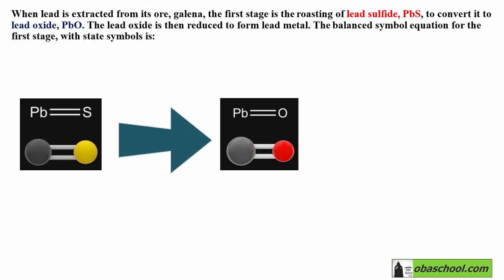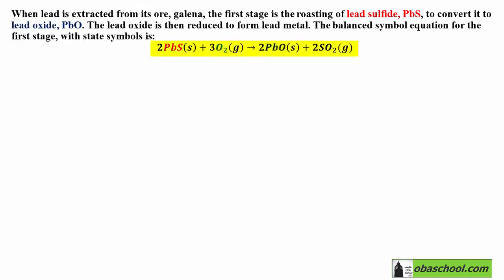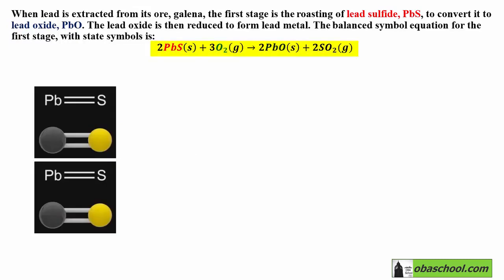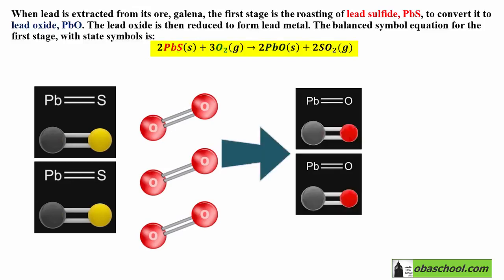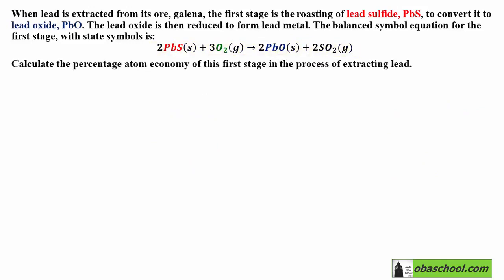The balanced symbol equation for the first stage with the state symbols is 2PbS, solid, plus 3O2, gas, will produce 2PbO, solid, plus 2SO2, sulfur dioxide gas. We have to calculate the percentage atom economy of this first stage in the process of extracting lead.